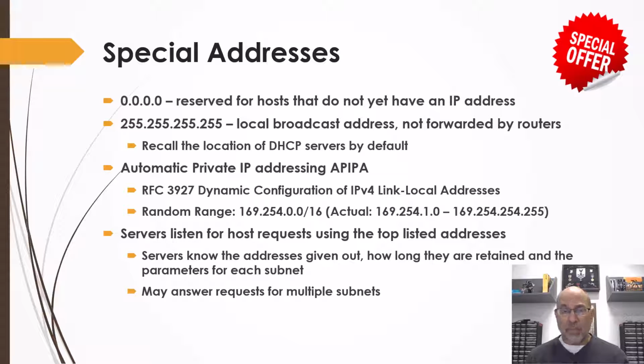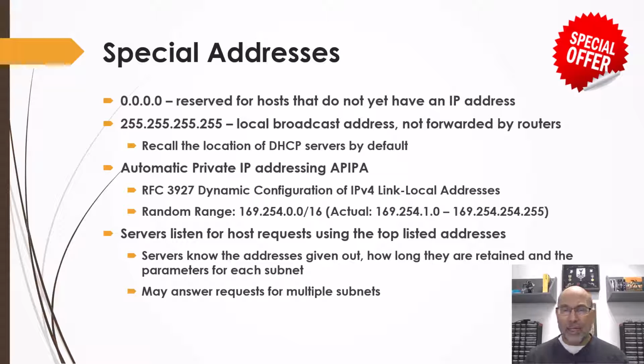Now, another thing we have to remember is with DHCP or with automatic configuration of hosts, sometimes hosts don't get an address via DHCP, right? They're looking for one, but if the DHCP server doesn't answer, or there's a problem, or you just want to do automatic configuration by the hosts, then we can do what we call APIPA addressing or RFC 3927 dynamic configuration of IPv4 link local addresses. Now there is a range of addresses that are reserved for this process.